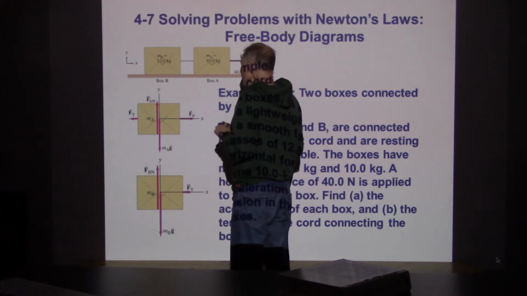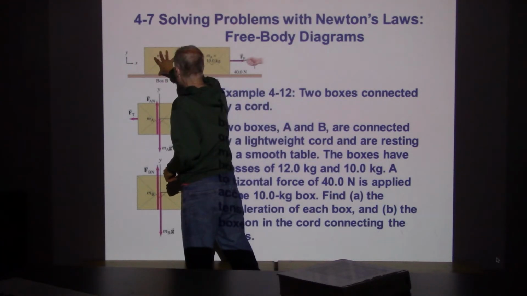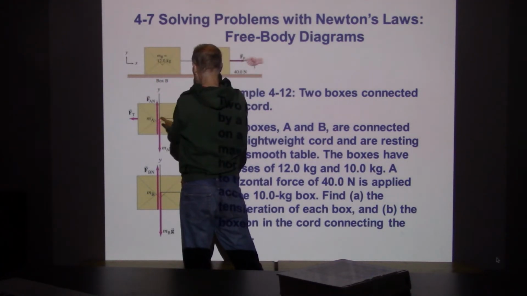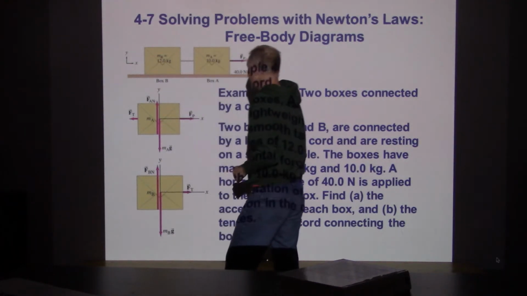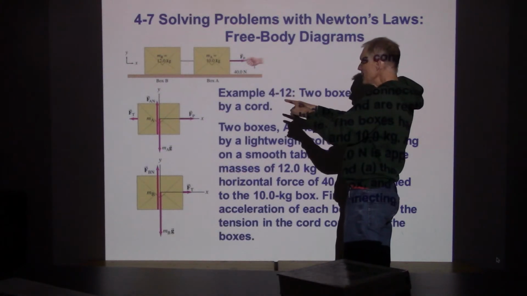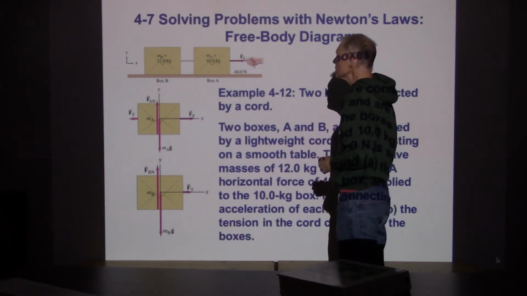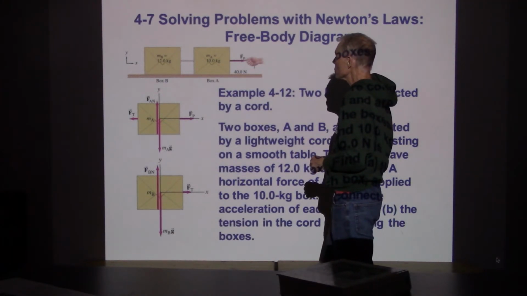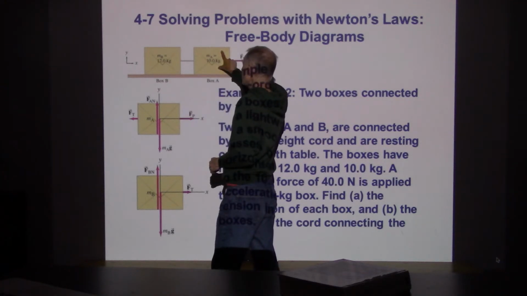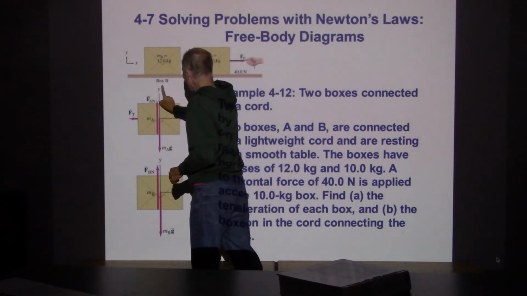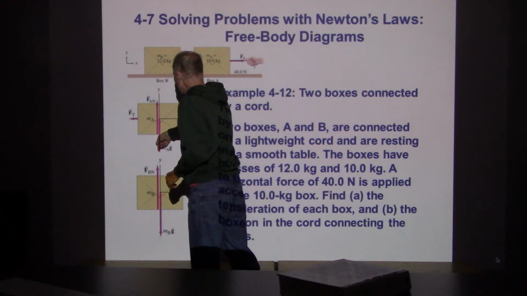And so what we can do is draw a force diagram combined for both of them, and then we can go in and draw individual force diagrams. Now, right here, they're showing the individual ones. So let's take a look at what they've drawn. It looks so nice. For object 1, object A, there is a normal force and there's a gravitational force.